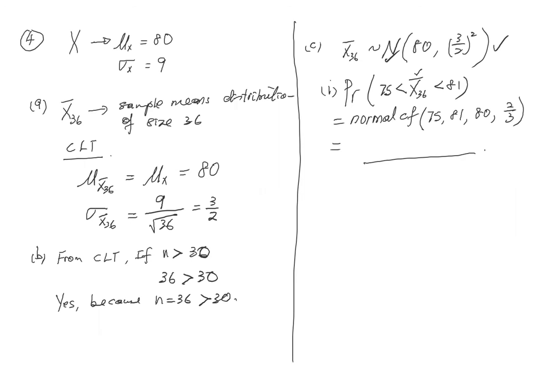Are you talking about an individual of the population, or the mean of the samples? That is called the sample mean. I'm not talking about an individual, I'm talking about the mean of the sample. So the chance that the mean of a sample lies between 75 and 81, that is how you get the answer. Are you clear?